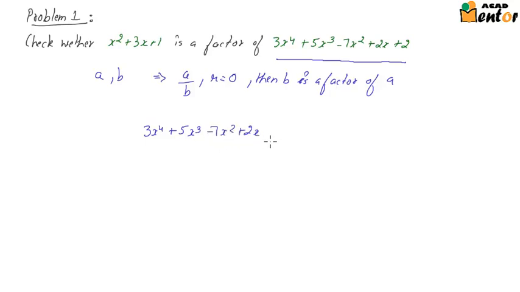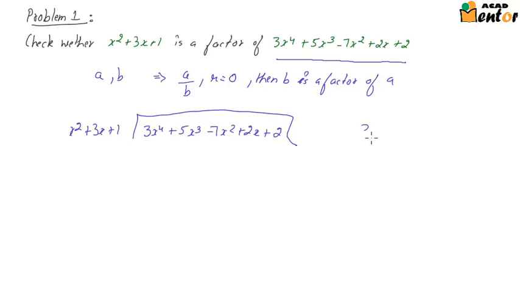We can see that both the polynomials are in the descending order of their degrees, so we need not do anything. Otherwise, we have to arrange the terms in a polynomial before division in descending order of their degrees. So the first term would be, we have to get 3x to the power 4 when x square is multiplied by a number.